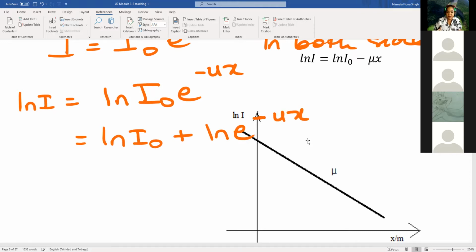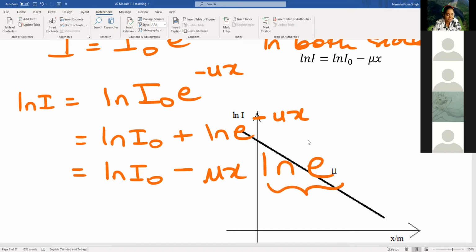And the way it works with indices, when you have an index, you can bring it in front, you can multiply it and bring it to the front of your number. So you're going to get ln I naught minus mu x. Why? Because minus mu x by plus is a minus number. All right, really taking my time and breaking this down for you, multiplied by ln of e.